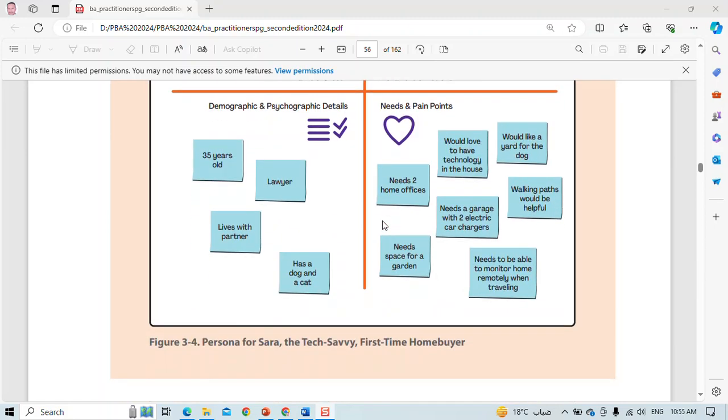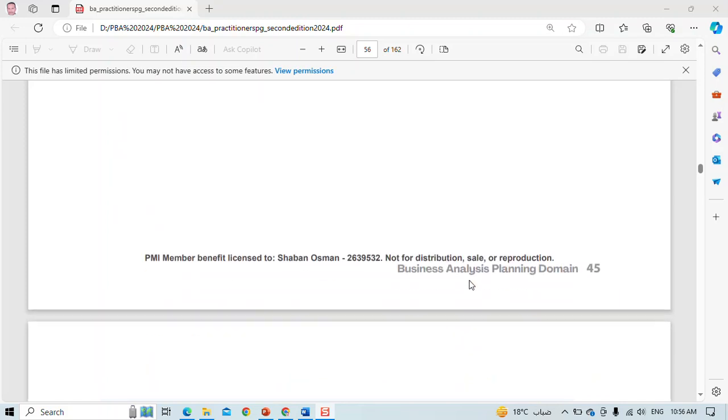Their needs: 2 home offices, space for a garden, technology in the house, a yard for the dog, a garage with 2 electric car chargers, a walking path would be helpful, and the ability to monitor the home remotely when traveling.